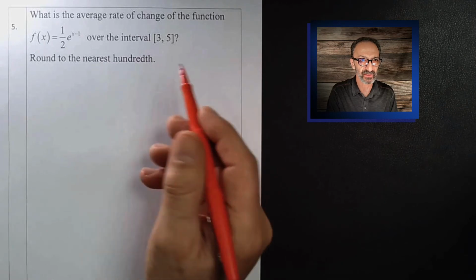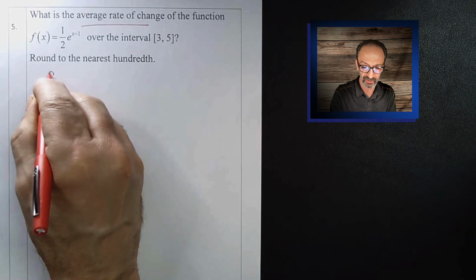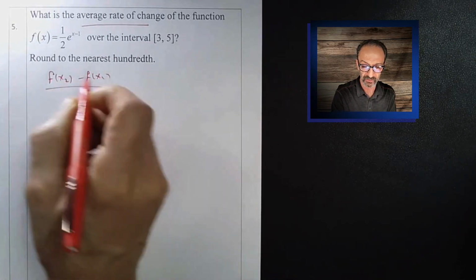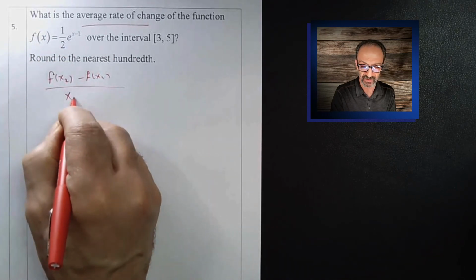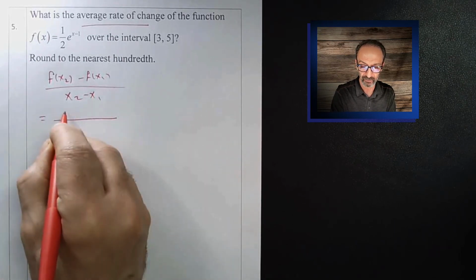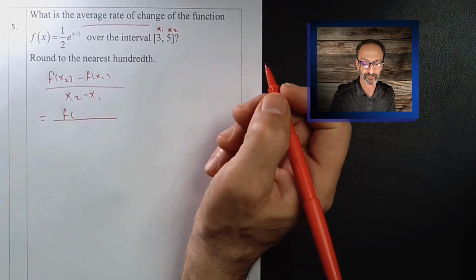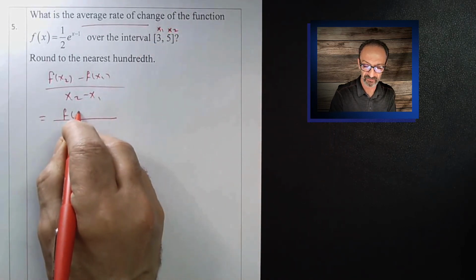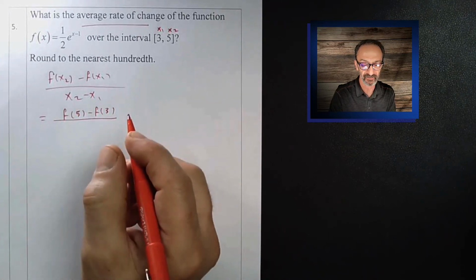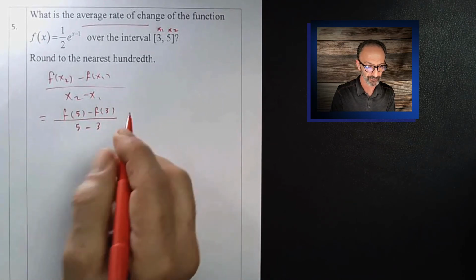So all you need to do here is plug in the numbers. The average rate of change is y2 minus y1, or f of x2 minus f of x1, since we're using f of x, divided by x2 minus x1. That equals f of 5, minus f of 3, divided by 5 minus 3.